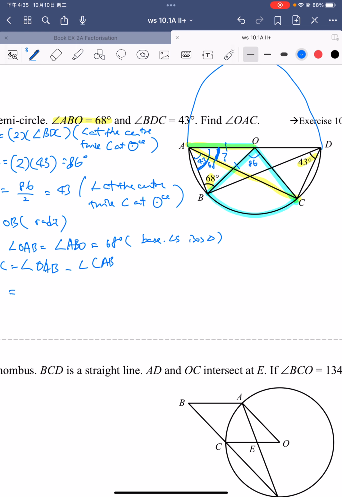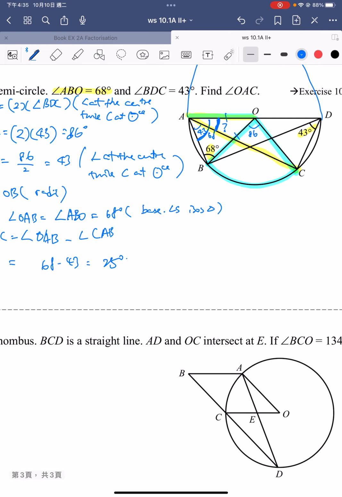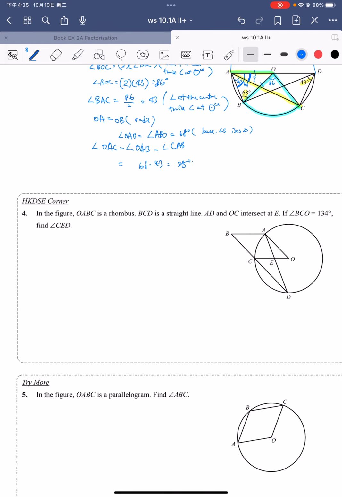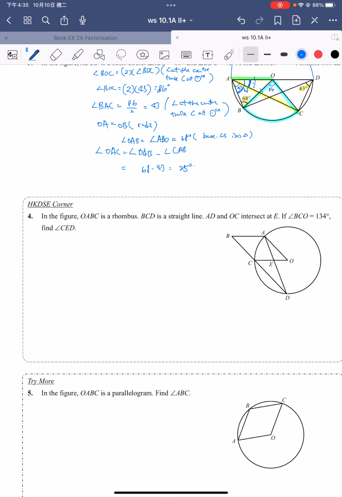Then we can say this is equal to the total 68 minus the small part 43. 68 minus 43, this one will give you 25 degrees. So this is not that hard, but actually there's some quicker formula to use in the next chapter, in the next sections.